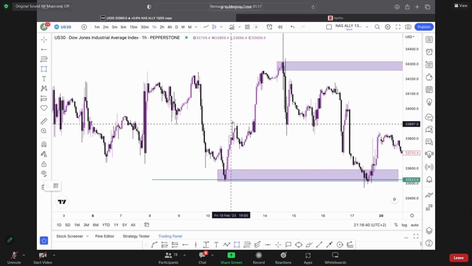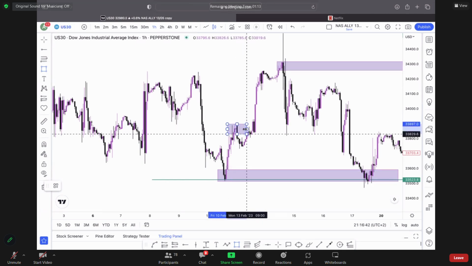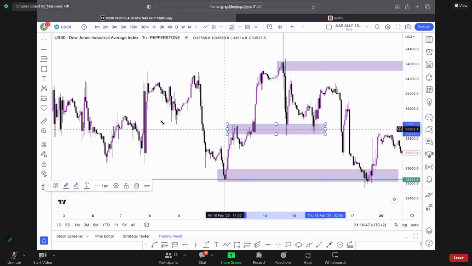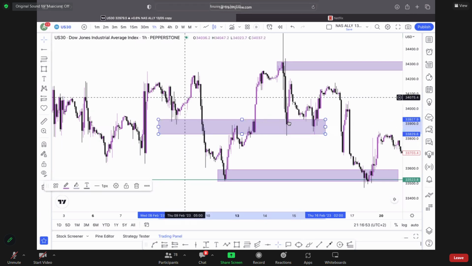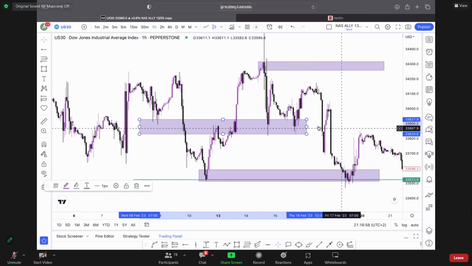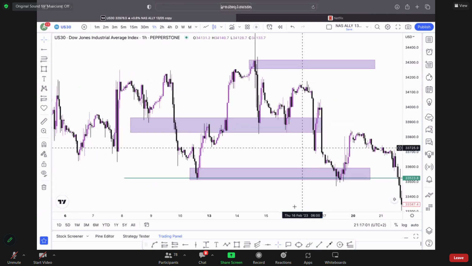You can see that at this point where the market started dropping, the market started to use this point to push price up again. If we extend it a little bit more, you can see we've got demand, we've got supply, we've got demand, we've got demand. Look how the market doesn't use that specific level because it needs a little bit more liquidity.